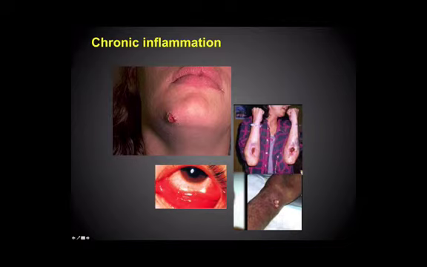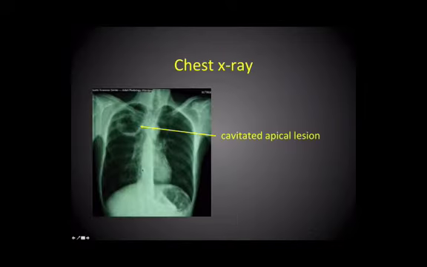Okay, and as a classical example of the chronic inflammatory response, here's a chest X-ray taken from a patient who has what looks like a cavitating lesion in the upper part of the right lung, and this would be very classical for a tuberculous infection.